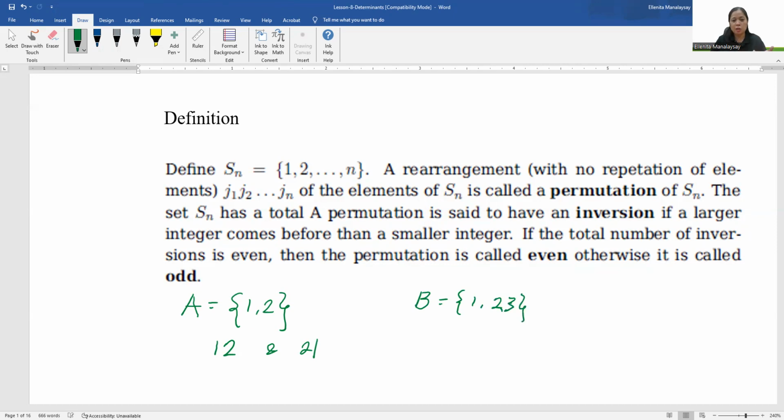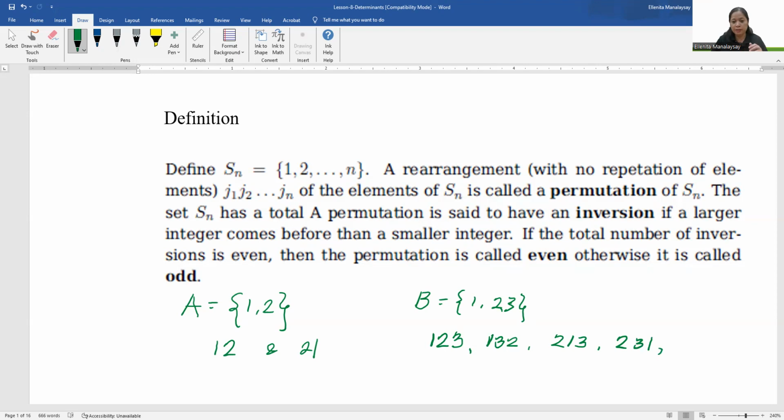If we consider the rearrangements of the numbers, say we start with 1, 2, 3, then it's also possible that we have 1 followed by 3 and 2. And 2 can come first, followed by 1 and 3, or 2 first, followed by 3 and 1.